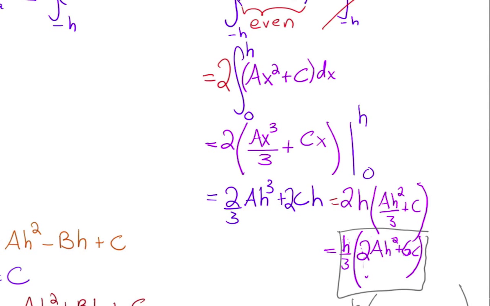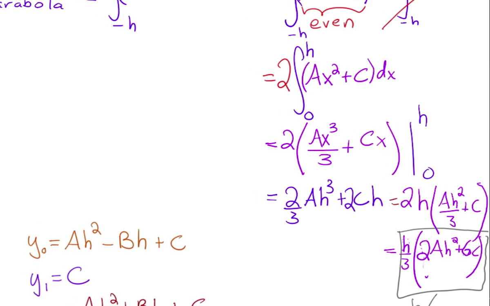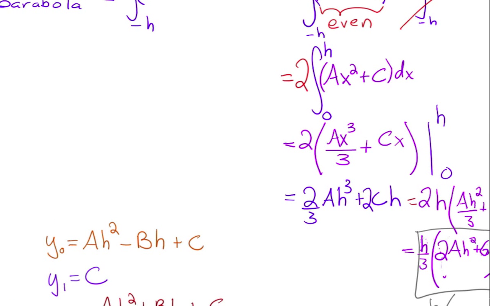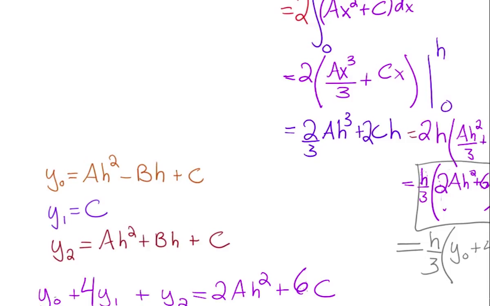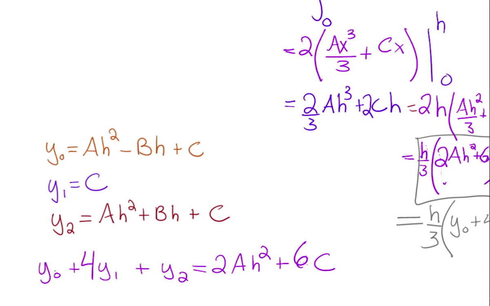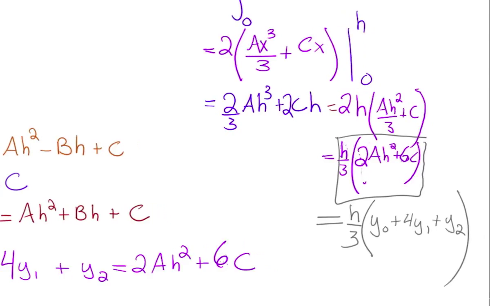So then we said, okay, let's grab the same parabola and plug in the x and the y values, and we have this set of 3 equations. We're trying to find what combination of those 3 equations gives you this expression that you're looking for. And we found that it was actually that one right there: h over 3, y0 plus 4y1 plus y2.